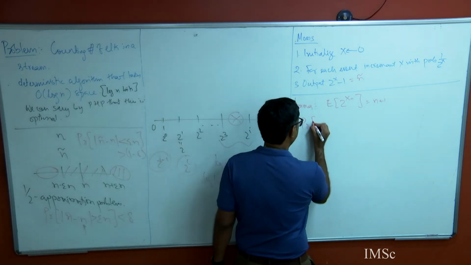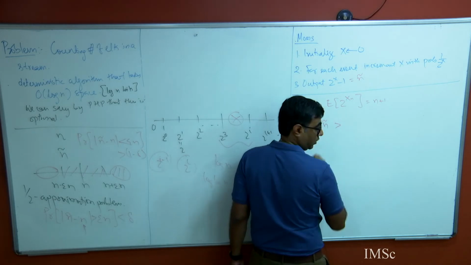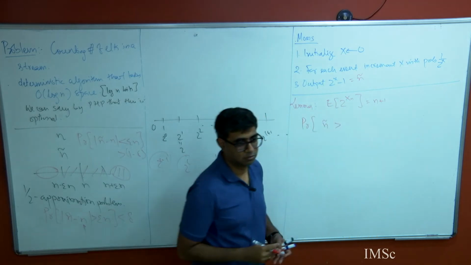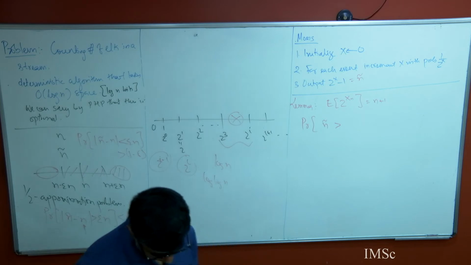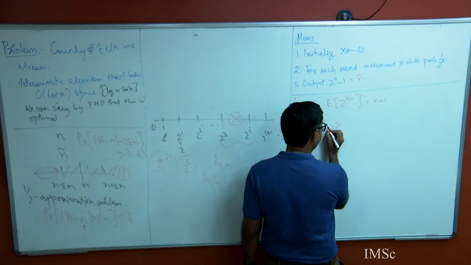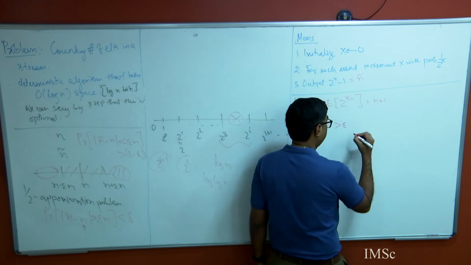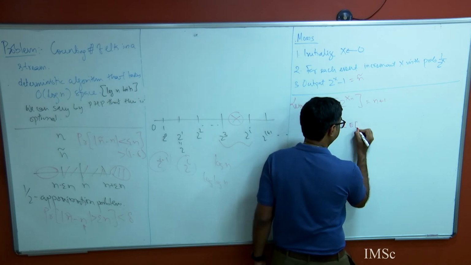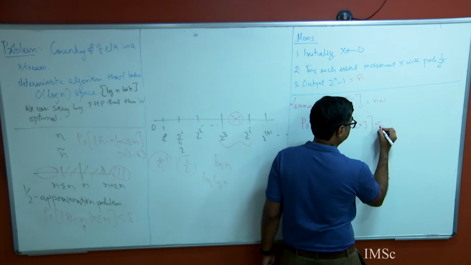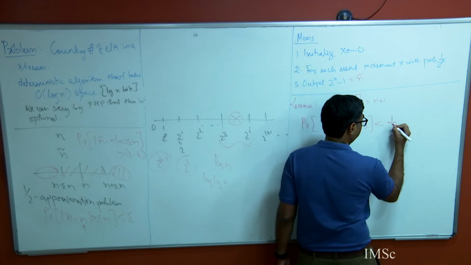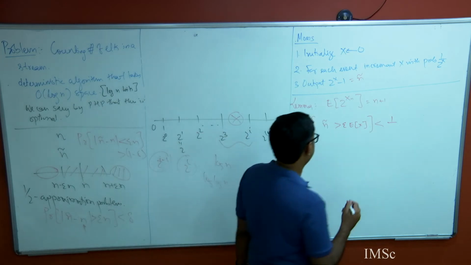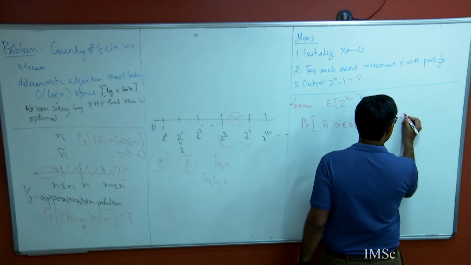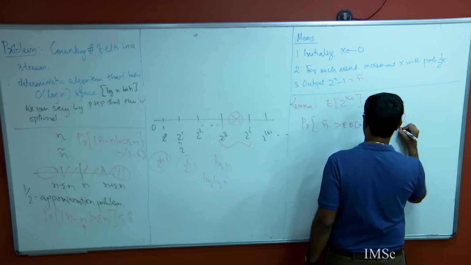The probability that n tilde is greater than some epsilon times the expectation is, what is Markov, 1 over epsilon.